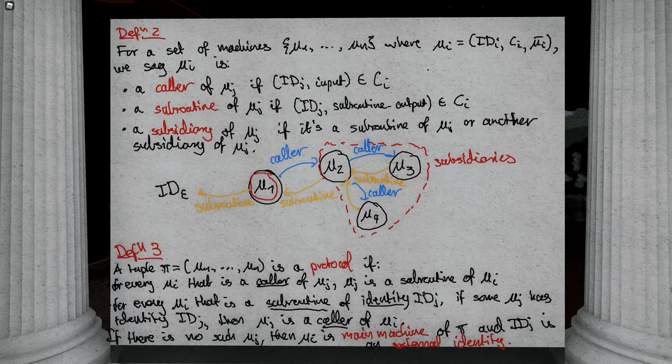If the environment gives input to the protocol, the protocol has to be able to receive that input, right? Now the environment is a machine, so it has an identity. So the protocol needs to be able to receive input from outside the protocol. And the machines that receive that input from the environment are called main machines.